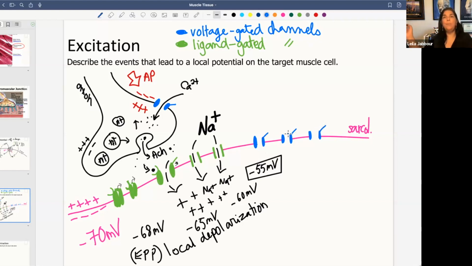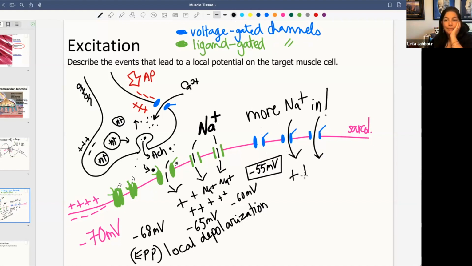The gate opens, and they happen to be voltage sensitive channels for sodium ions. So now we have even more sodium ions in. Boom.